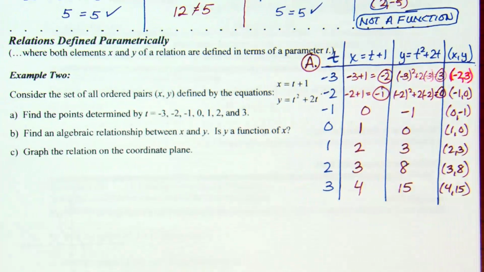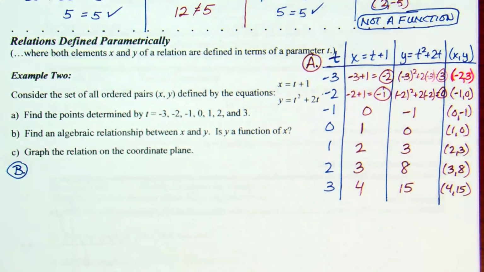So, algebraic relationship. And I think I'm going to put my B work over here. We were given two equations, right? x equals t plus 1, and y equals t squared plus 2t.